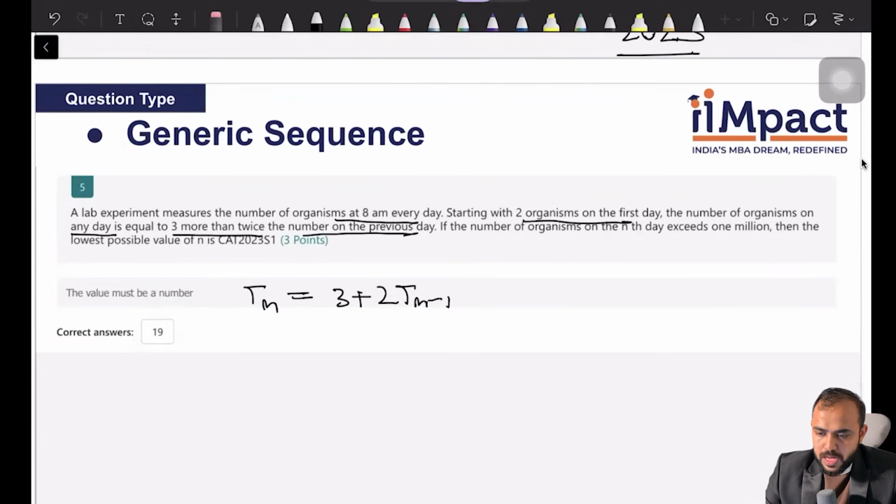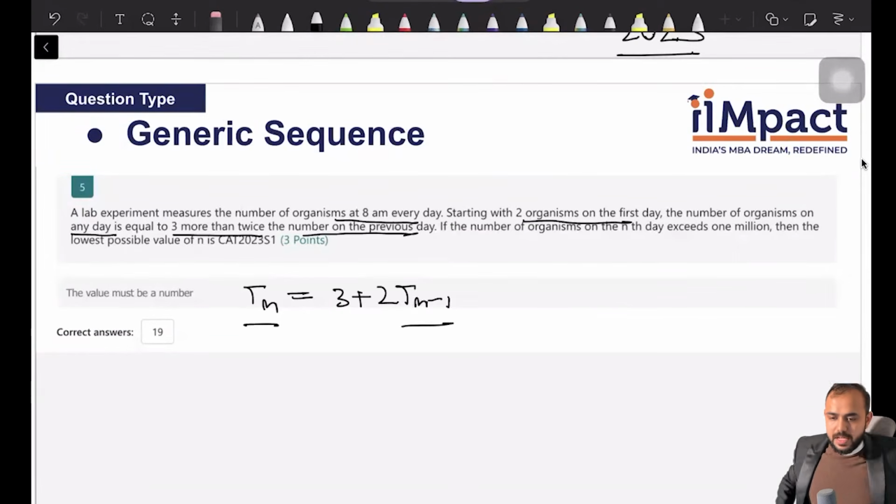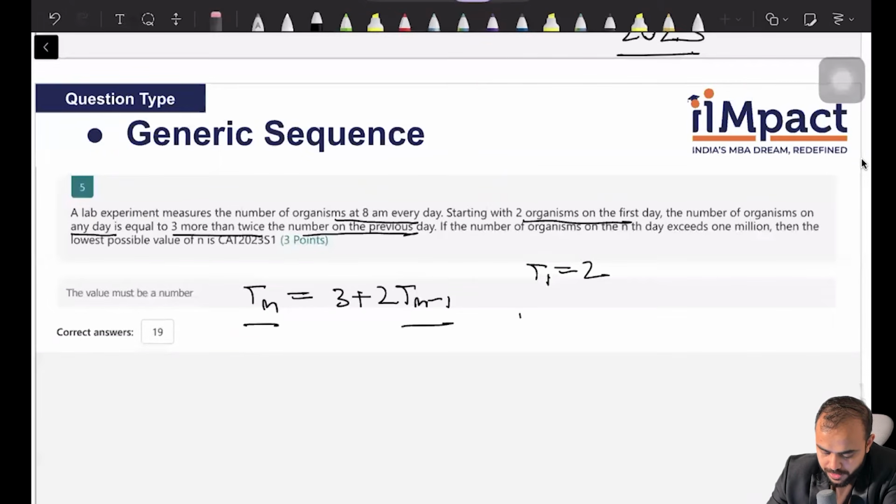Correct? So again, because term is given in terms of term, I must find some pattern here. So T1 is equal to 2, which means T2 is equal to 3 plus 2 into 2. So this is 2 square.